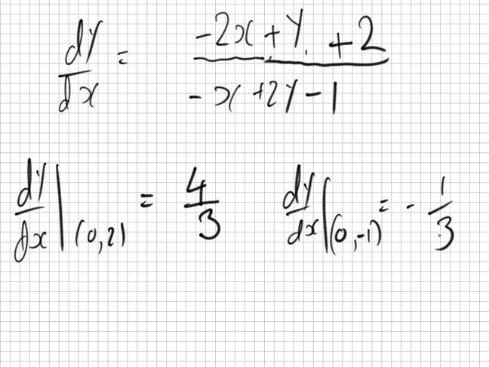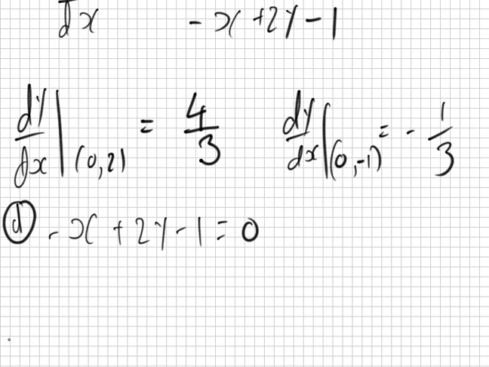So what type of slope does a vertical line have? Infinite slope. Which basically means here the denominator is 0. So they want to know where is the slope infinite? Here is where it's infinite, when this equals 0. However, this is not enough information to find x or y.